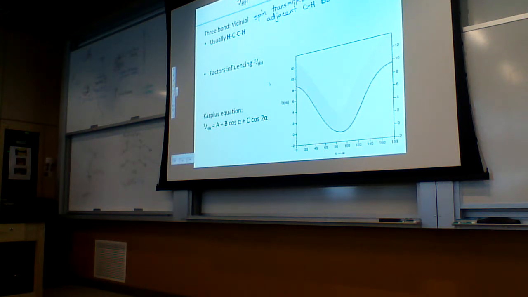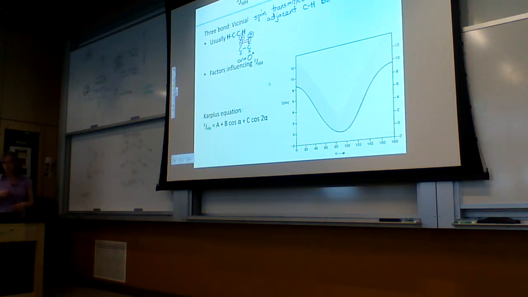So we're looking at systems where the carbon has a hydrogen attached to it, up here, and the bonds between the carbon and the hydrogen are going to be overlapping and passing that spin information between them. In this case, I have drawn it with the angle between those two being 0 degrees.